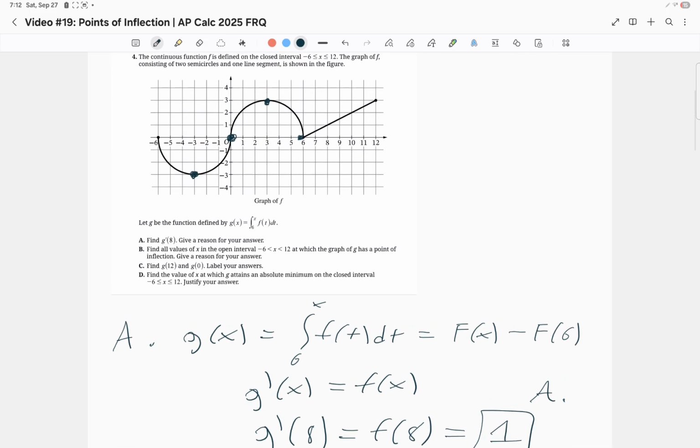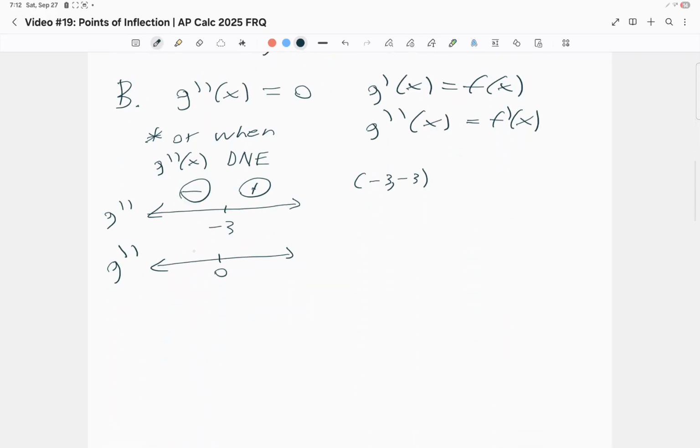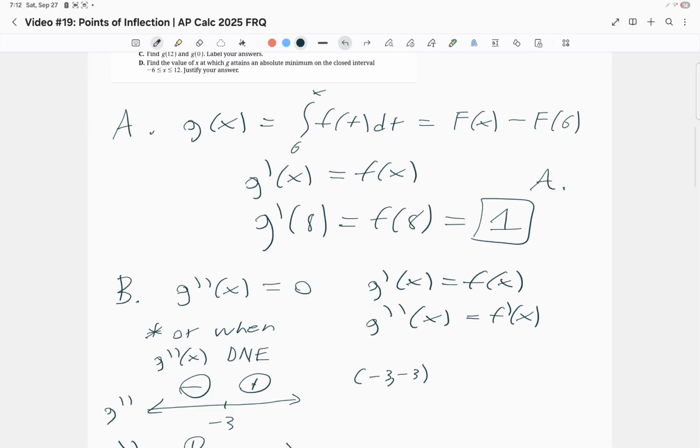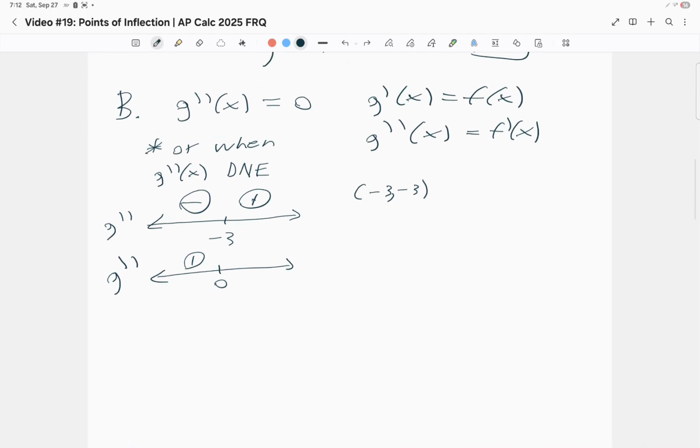If we look before x equals 0, the tangent lines are approaching vertical, so the slope is approaching positive infinity. So it's positive before 0. And after 0, it's also positive, right?